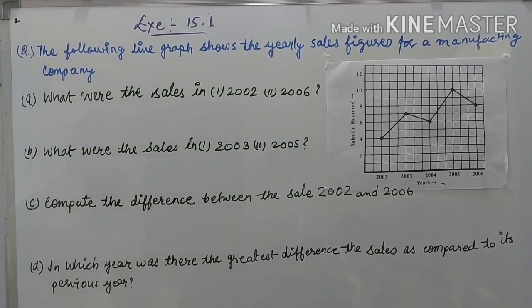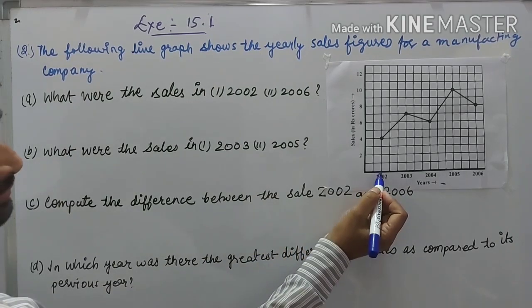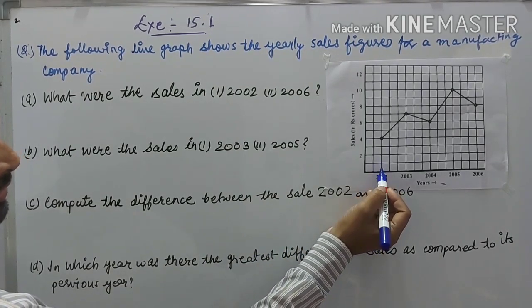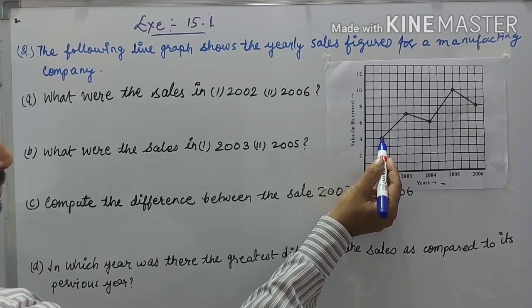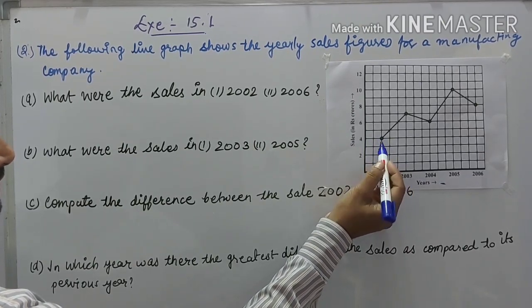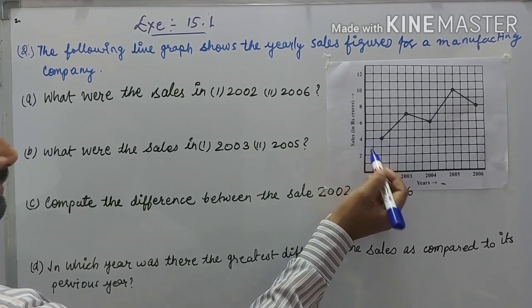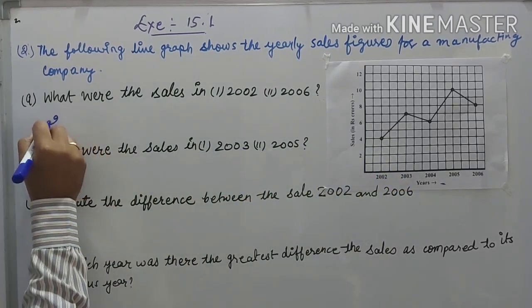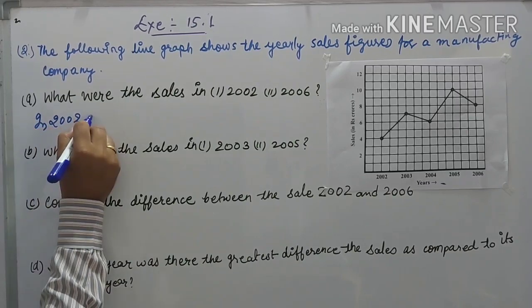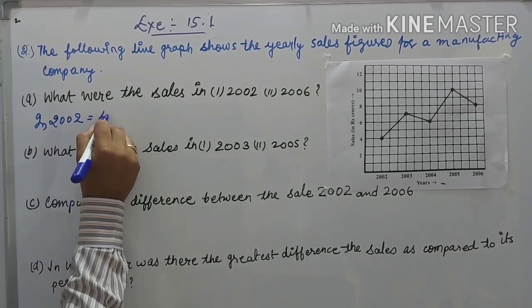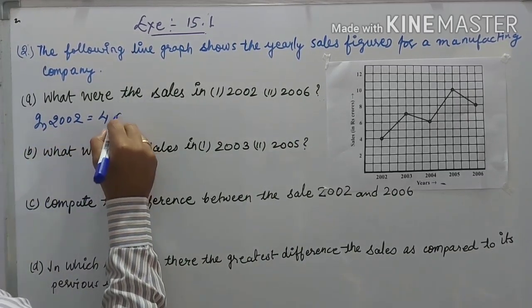Okay, so for 2002, here will be 2002. This line is 2002, and down is the point showing the sale. This is the point. In which year are how many sales? So this is 2002. In 2002 the sale is equal to 4 crore.